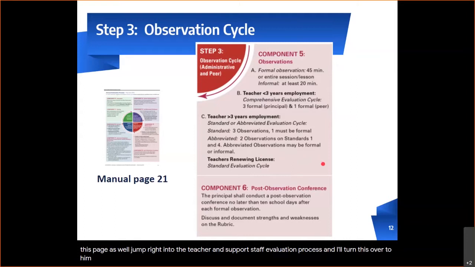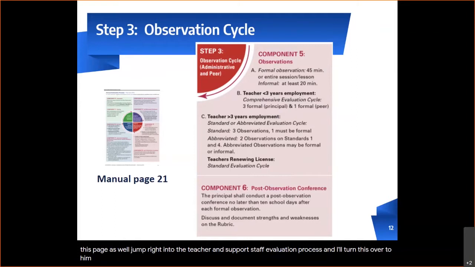And then for component 6, the post-observation conference, they should be within 10 school days after each formal observation. So what that tells us is we're not required to have a post-observation conference for informal observations. And that's a question that always comes up this time of year.